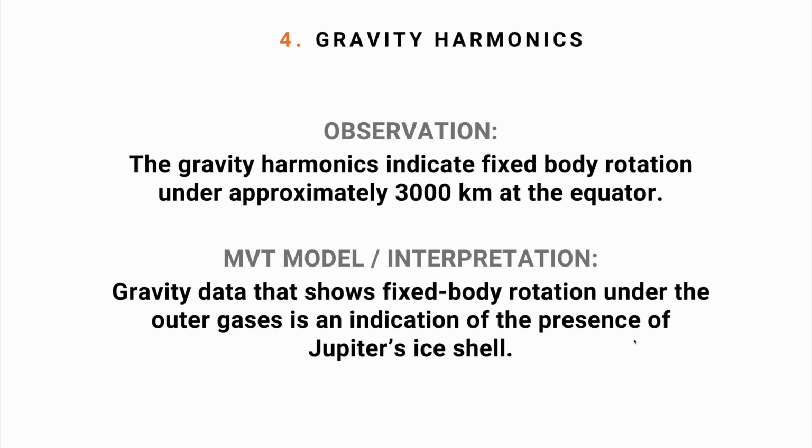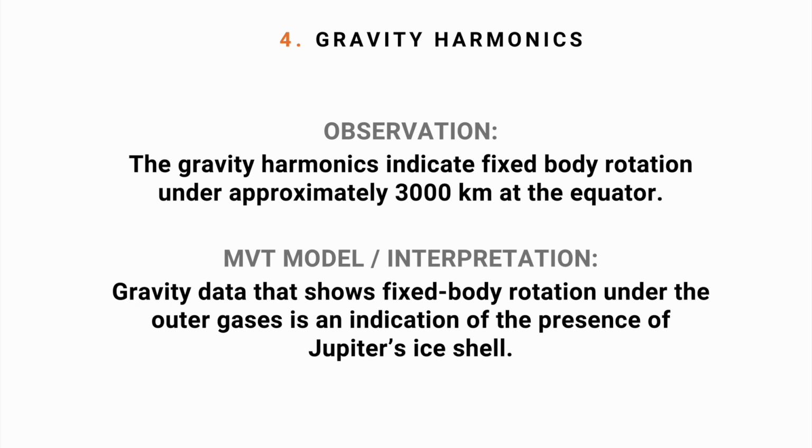So, 4, gravity harmonics. The actual observation is that Juno provided the values for the gravity harmonics. They're indicated by J with indexing subscript.